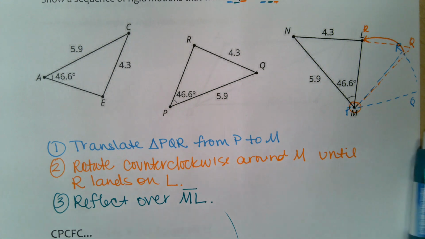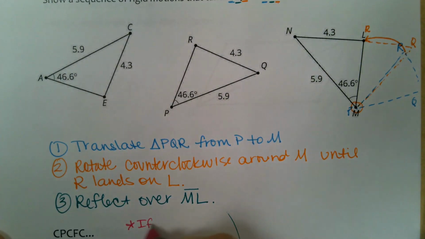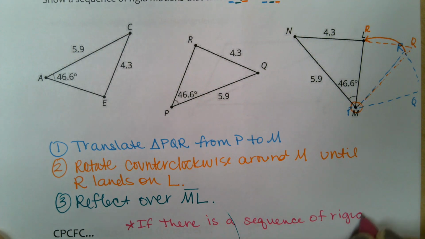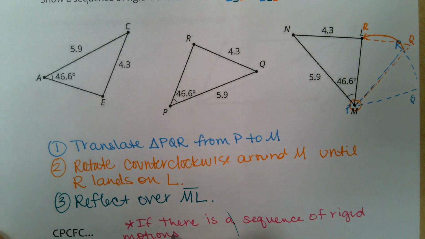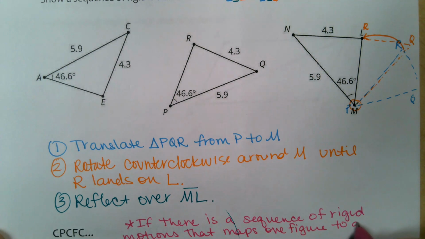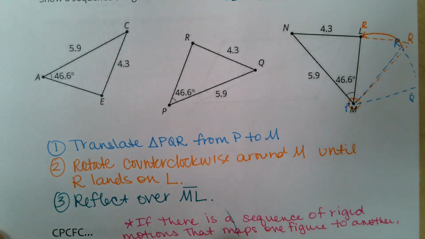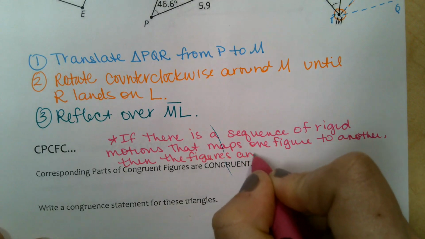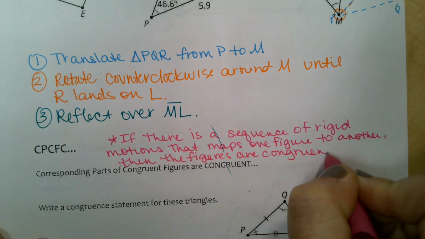And we know that if there is a sequence of rigid motions that maps one figure, we'll say figure, that way it works for everything, one figure to another, then the figures are congruent.